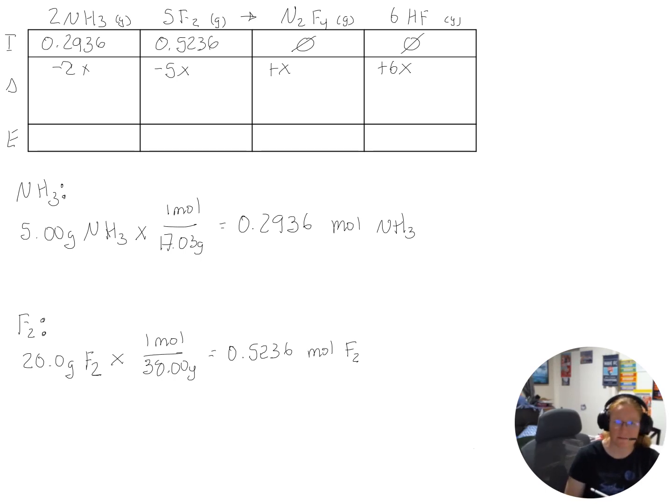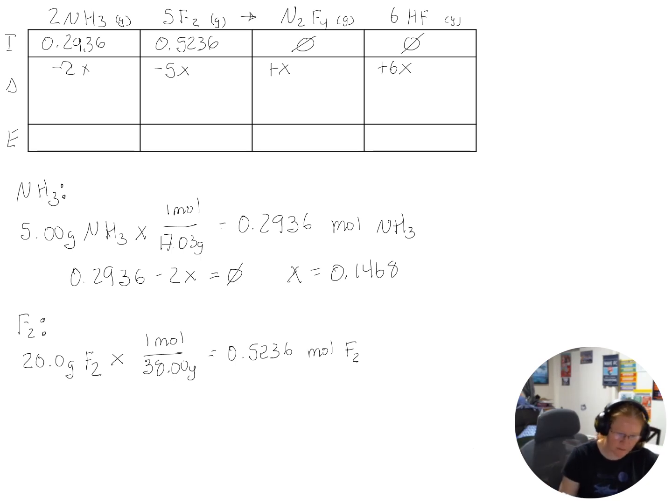All right, now let's figure out what X is. So for our ammonia, we get 0.2936 minus 2x equals 0. X would equal 0.1468.